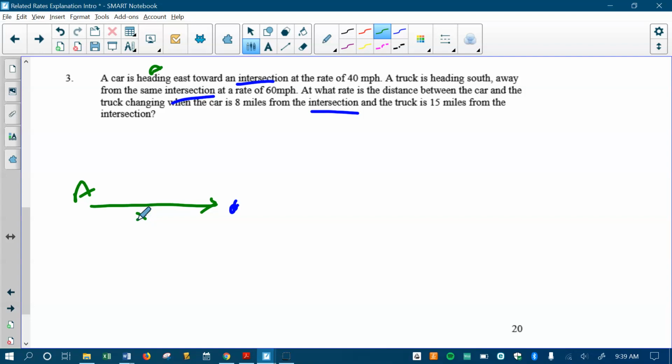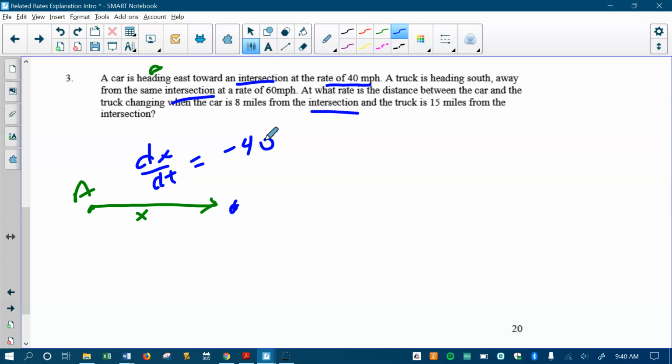Now, notice that its distance to the intersection is decreasing. The distance from A to the intersection is decreasing. That length is getting smaller and smaller, because soon it'll be like this, then it'll be like this. That length is decreasing. Really important. Why? Because that means that this rate of 40 miles per hour, dx/dt, the rate that the car is moving at, is going to be equal to negative 40, not positive 40.